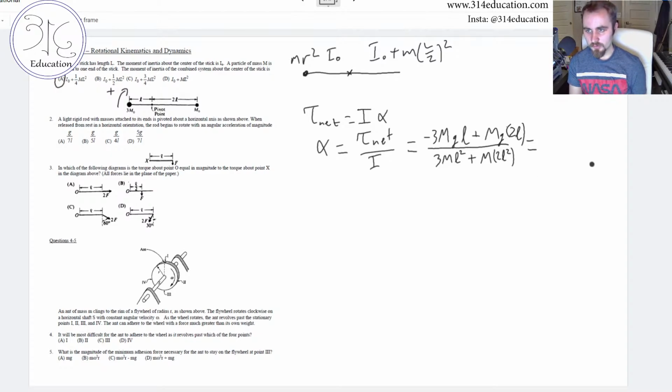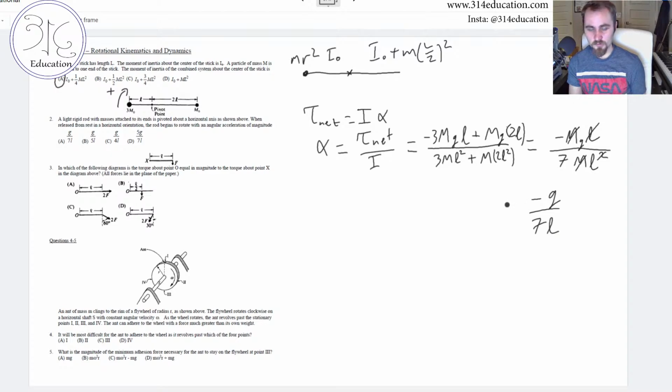So combining these, on the top we have 2mgL minus 3mgL, over 7mL squared. The m's cancel out. One of the L's cancels out. We have negative g over 7L.